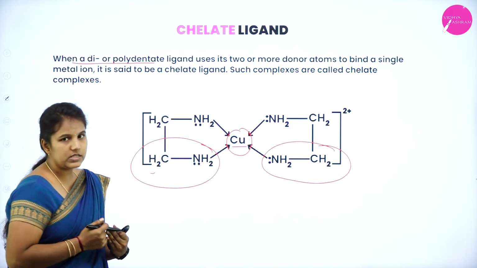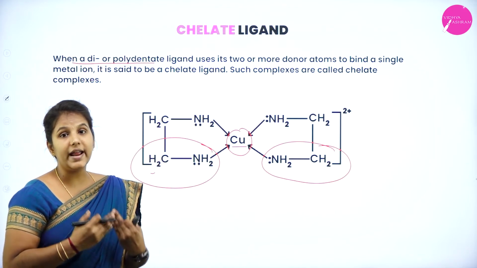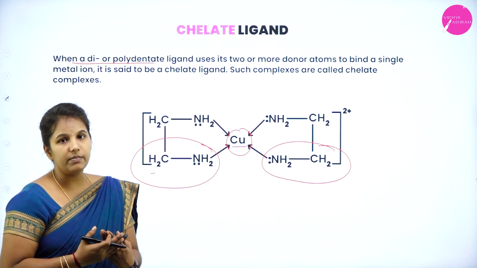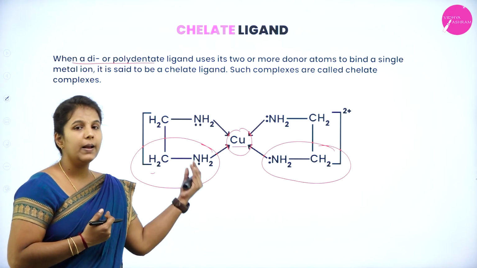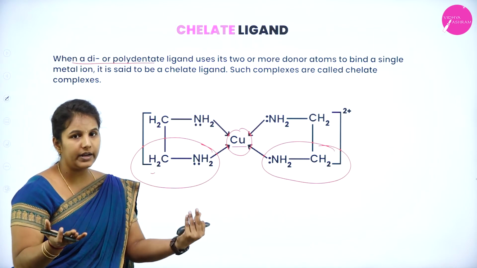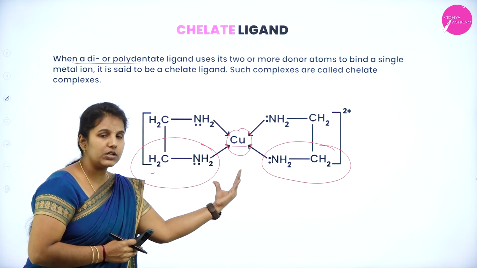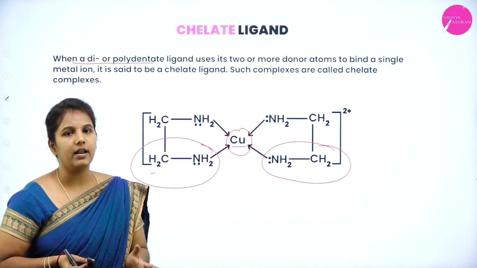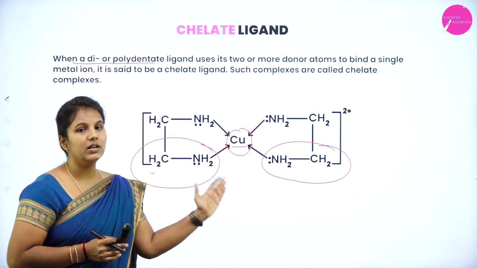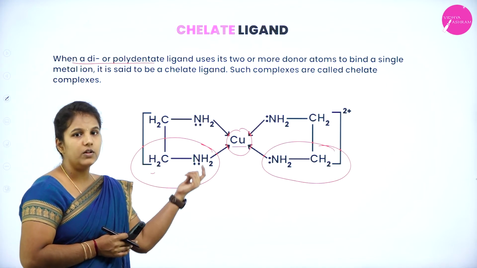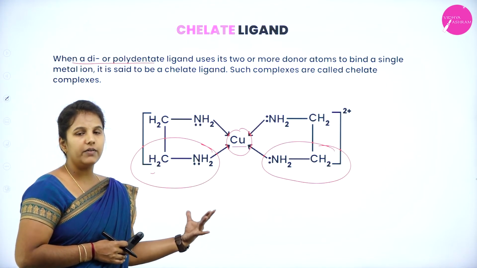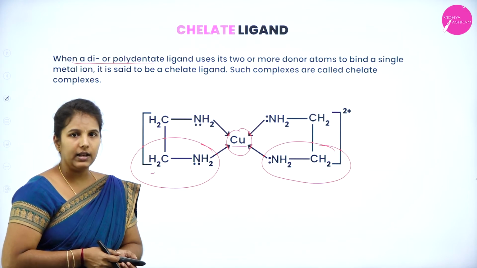Hence, such ligands are known as chelating ligands. So, remember, if I say it is a chelating ligand, either a bidentate or polydentate ligand attaches to the central metal atom. Here I have an example of a central metal atom bonded with two bidentate ligands.